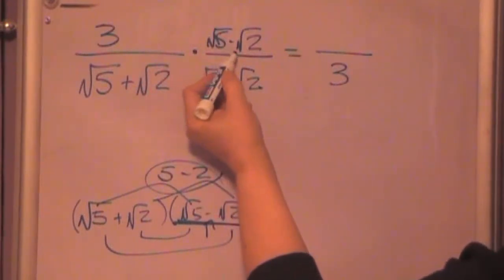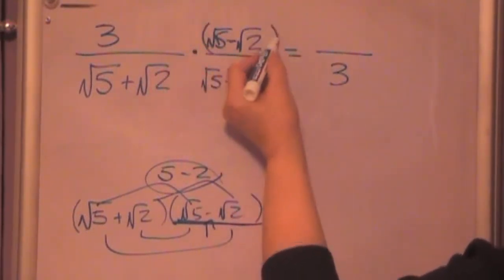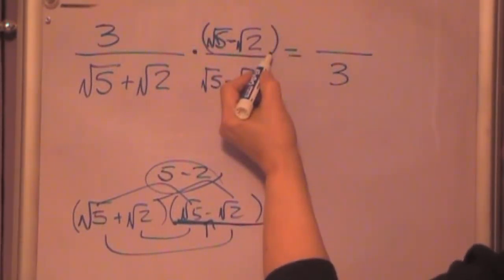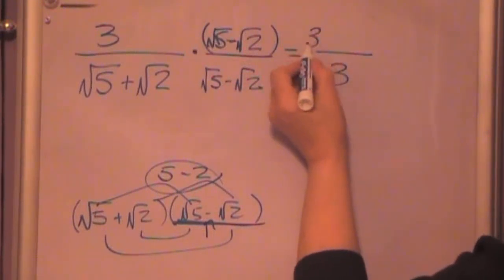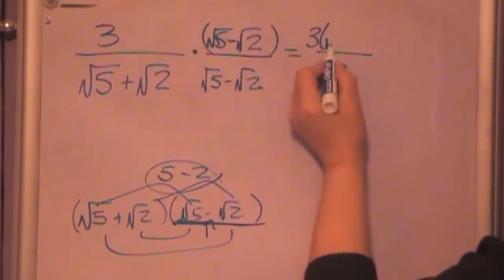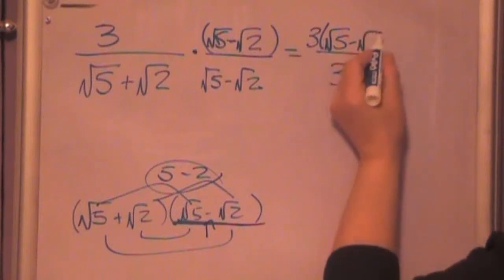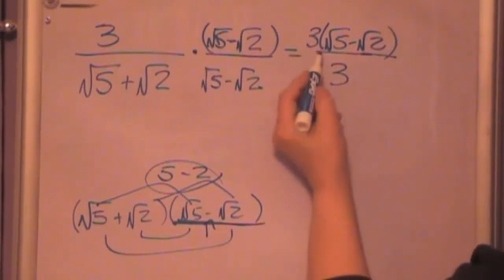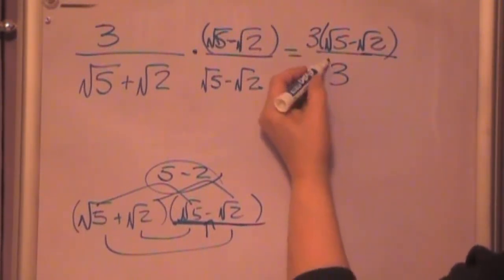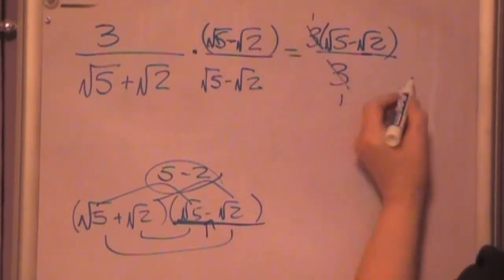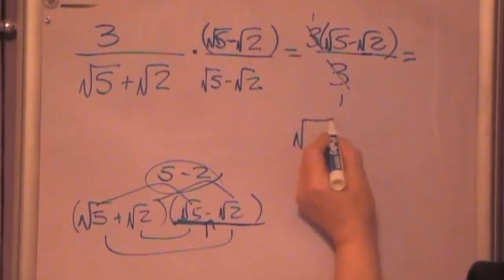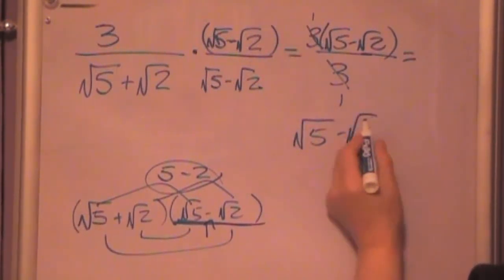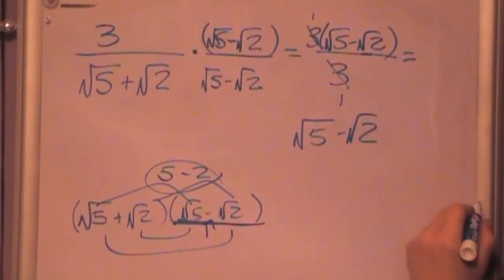Now I have 3 times root 5 minus root 2, don't forget to distribute here. I didn't distribute because I have multiplication here, and I can cancel out this 3 into here, and I just end up with root 5 minus root 2 for this answer.